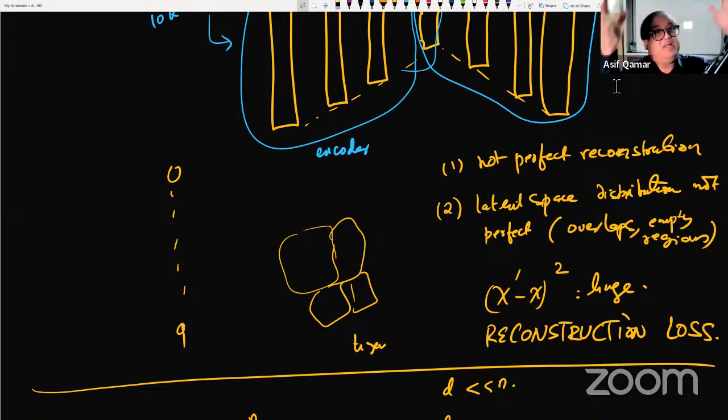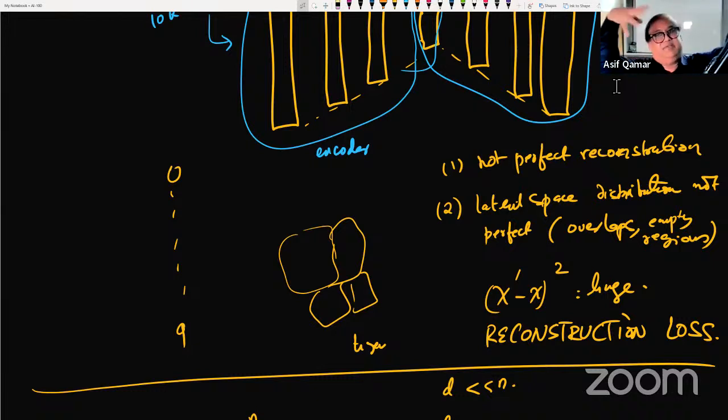Because if they are all forming one big dense region, then what can I do? So long as I stay close to the origin, I know that the machine has learned how to decode that point in the latent space back to a number. Is it making sense? Because close to the origin, it will become dense.